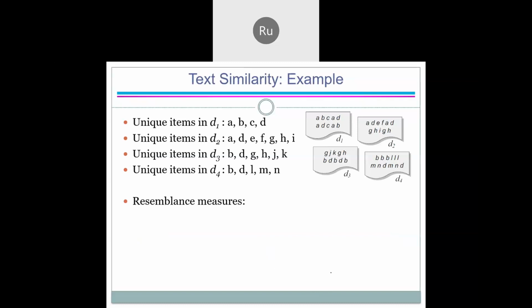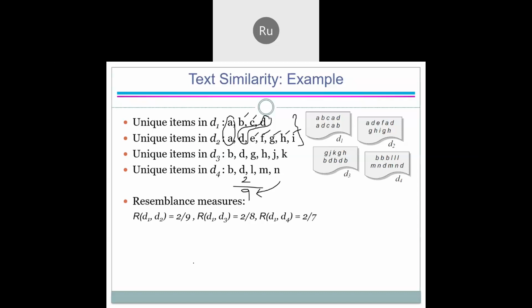If we want to find the resemblance between D1 and D2, we are looking at the common ones. We have 2 common ones, so 2 over, counting 3, 4, 5, 6, 7, 8, 9, so 2 over 9. The bottom one is the union of these two, and the 2 is the common terms that they are sharing.